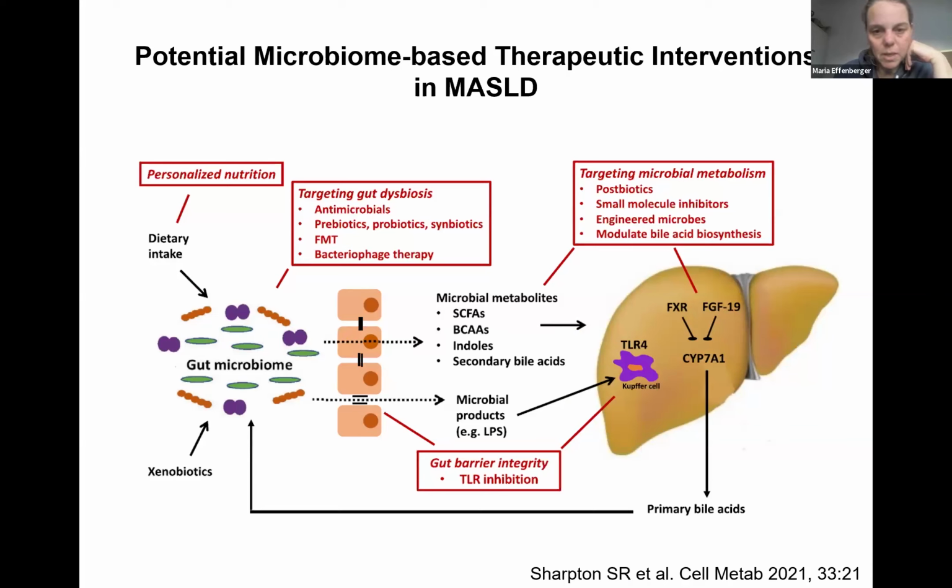And by changing the gut microbiome, you change the microbial metabolites, like I've already said, SCFAs and BCAAs and indoles and secondary bile acids, and also microbial products like LPS, and therefore you do not activate TLR4, and therefore you don't create inflammation in the liver.